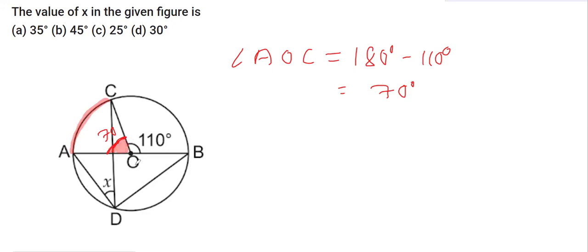By using the alternate segment property, which says that the angle subtended by an arc at the center is twice the angle subtended by the same arc on the remaining part of the circle, this X should be half of 70, that is 35 degrees. That's why we say on the remaining part, this will be equal to half of 70, that is 35 degrees.